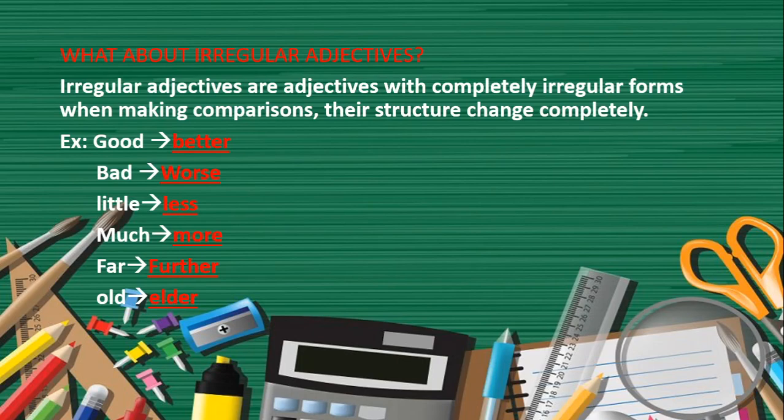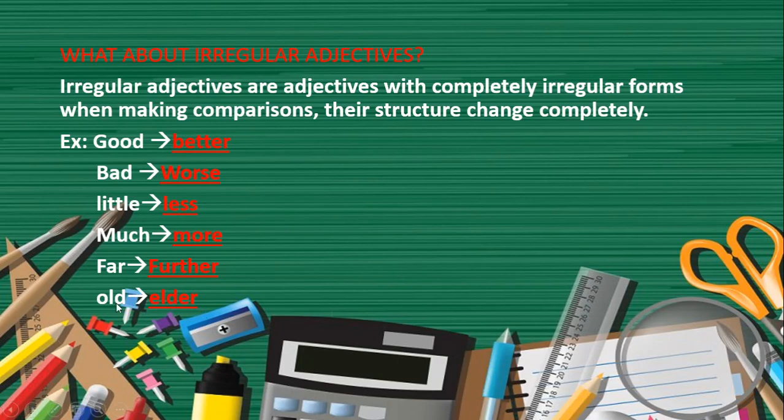We use the comparative form elder when we are talking about people, or, let's say, animals. But if we are talking about objects, the comparative form of old is regular: older. So for objects it is older, but for people it is elder.